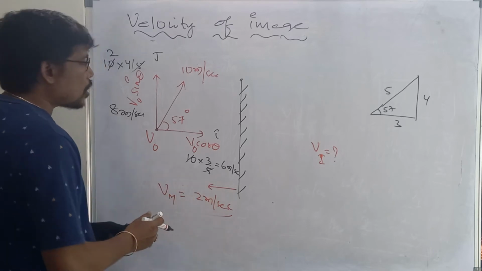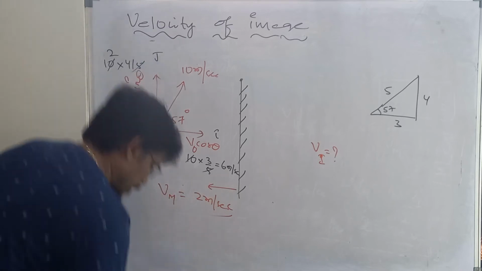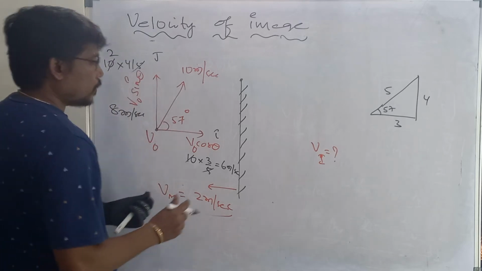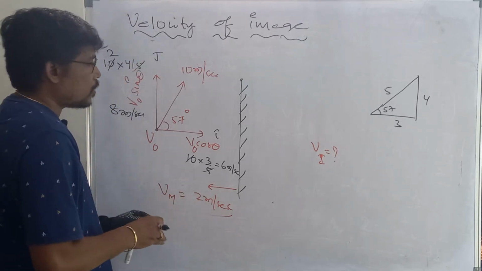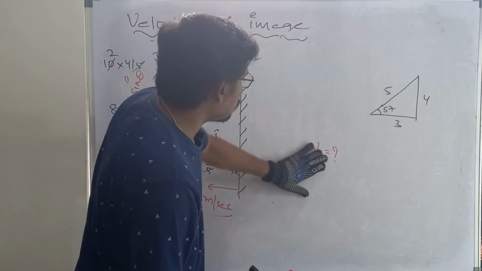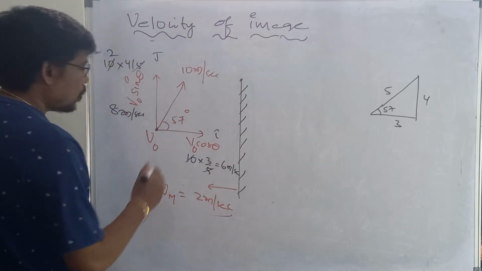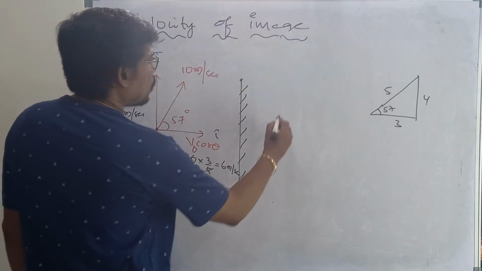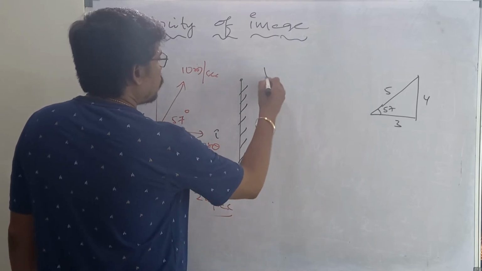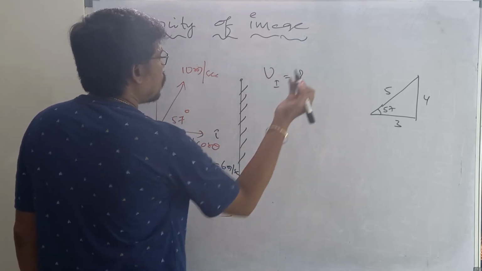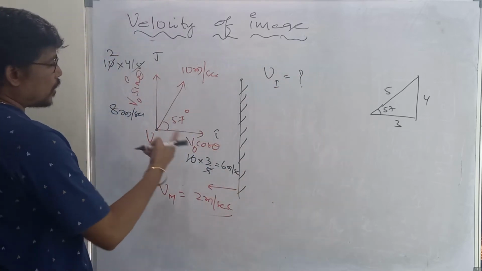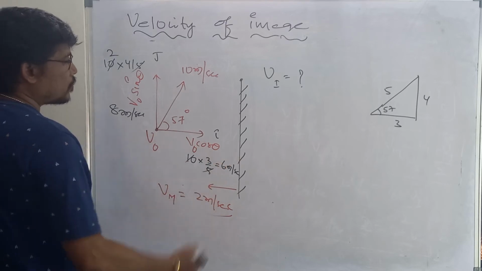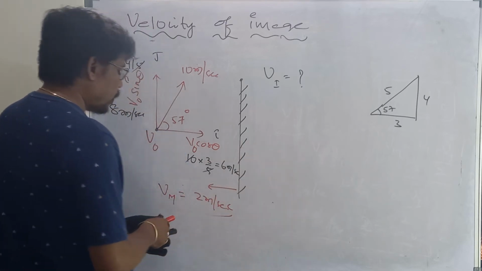So when this mirror is also moving, then what happens? You have to find the velocity of the image. What is given here? Here 6 is given. In this case I am drawing the component diagram.